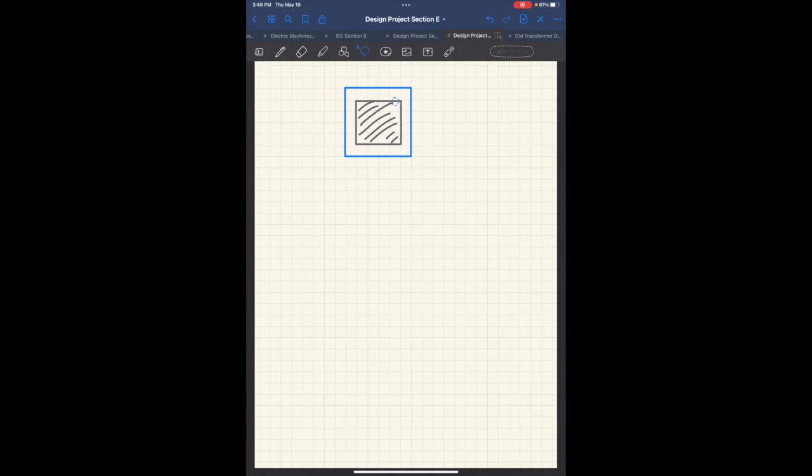I want to make this exact, or as close to exact as possible, because then everything will be very clear. So let's go like this. I want to get it right on the line. Yeah, that's good.